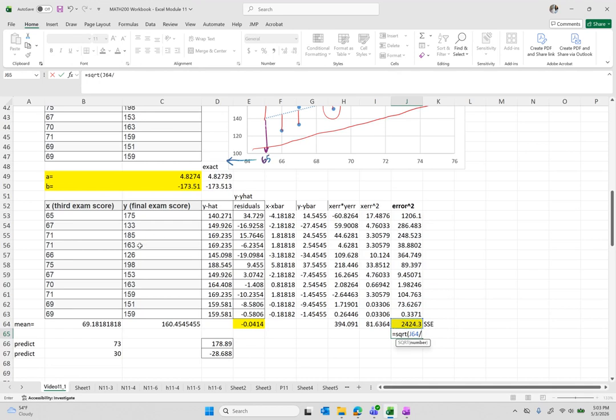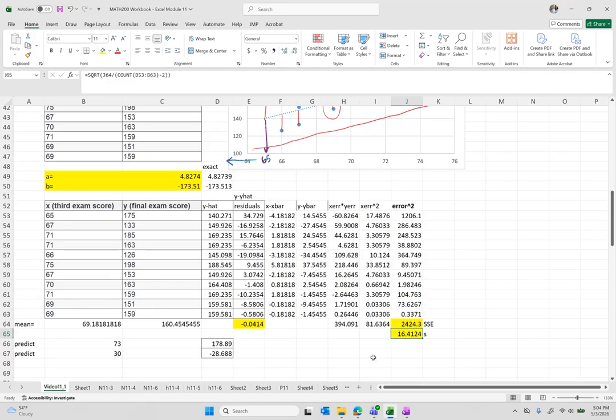So n minus 2 is the number of data values that I have, either for the x coordinate or for the y coordinate. So I need here a parenthesis for n minus 2, and I will find the n by counting. I will count, let's say, the x's, and then let's subtract 2. And here is my standard deviation. So the standard deviation happens to be 16.4.